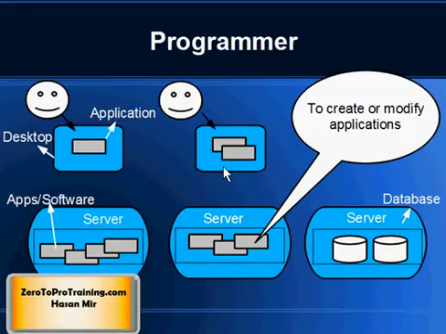Then we have programmer or developer. This is a person who is creating a new software or application from scratch, rather than the company buying an out-of-the-box solution from the aftermarket. They are creating their own solution from scratch.